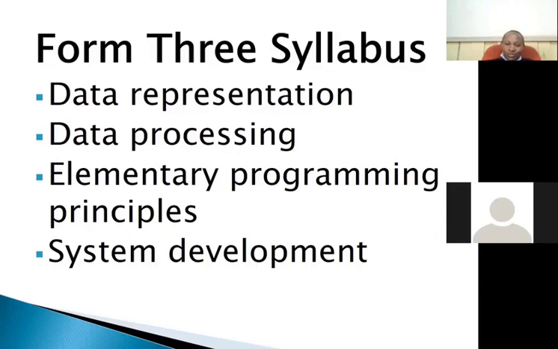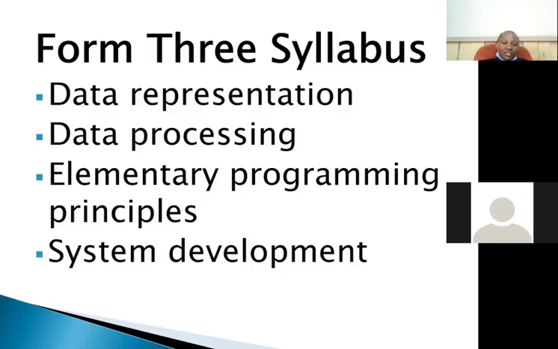As a candidate, you should understand that. Again, in data processing, you are supposed to know about the coding schemes. As a candidate, be able to know the 3 coding schemes, how many bits do they use to represent data, and many other information on that.